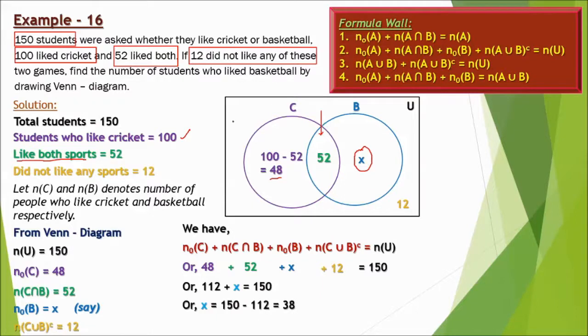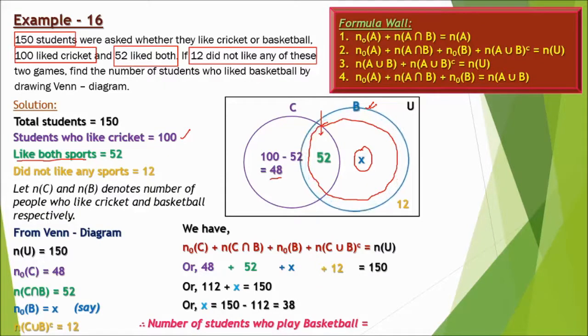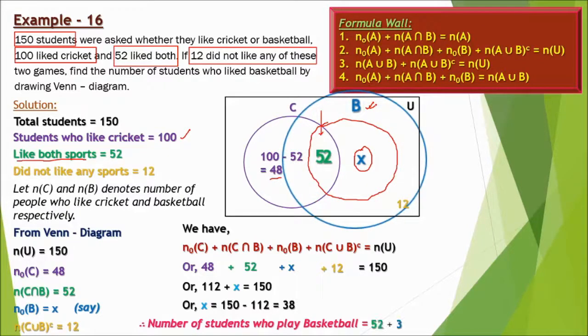But what we have to find is who like basketball, meaning the entire ring. Whatever numbers are inside this ring must be added. So 52 plus X is the basketball. The number of students who play basketball is 52 plus X, which is 52 plus 38, equal to 90.